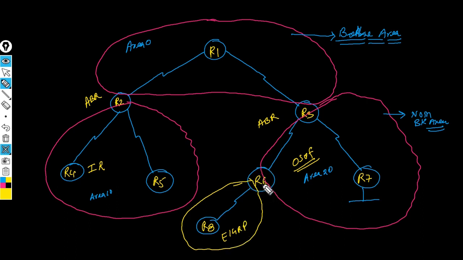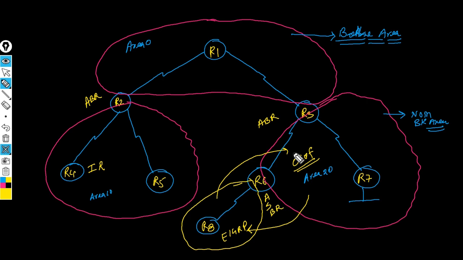So this R6 is running OSPF and EIGRP. In some scenarios, we can enable communication from EIGRP to OSPF and OSPF to EIGRP. In that case, this router will become an ASBR, Autonomous System Boundary Router.